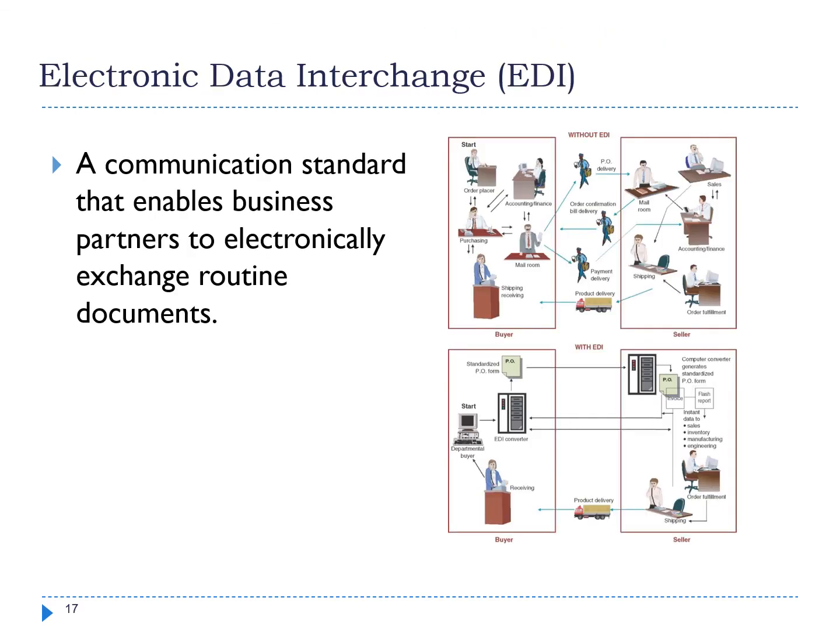Electronic Data Interchange, or EDI, is a communication standard that enables business partners to electronically exchange routine documents. That is to say, automate your process and make it more efficient by getting rid of paper documents. The figure in the slide compares purchase order fulfillment with and without EDI.